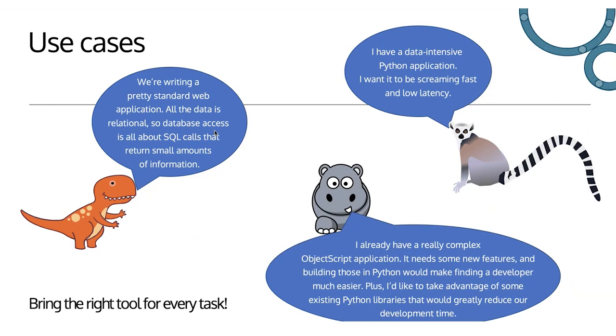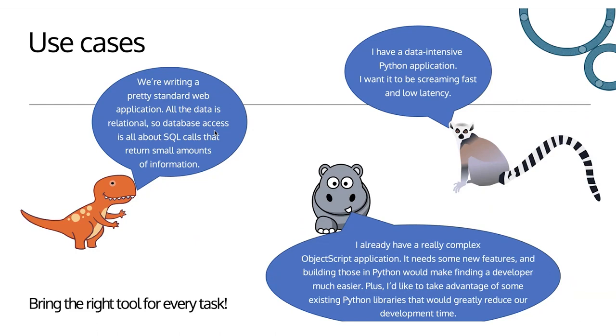And then one use case, which is really important to us in our IRIS ecosystem, is the situation where you already have an ObjectScript application, maybe complex, maybe many years old, maybe decades old. It's working really well for you, big installed customer base.